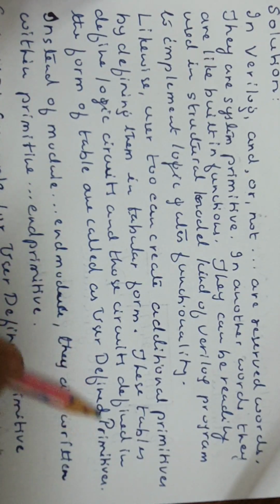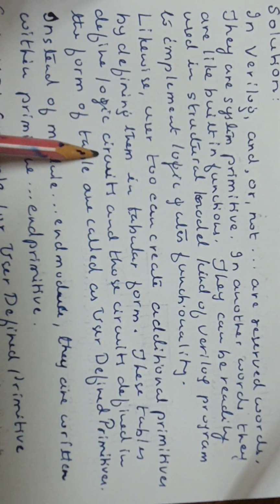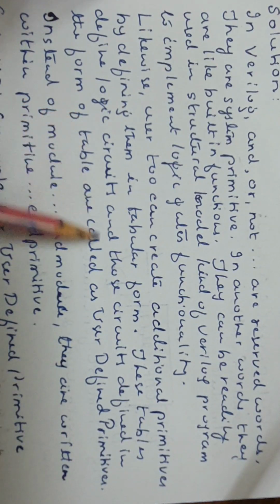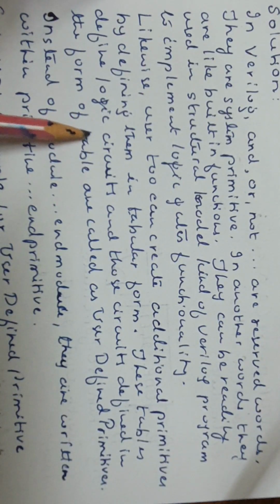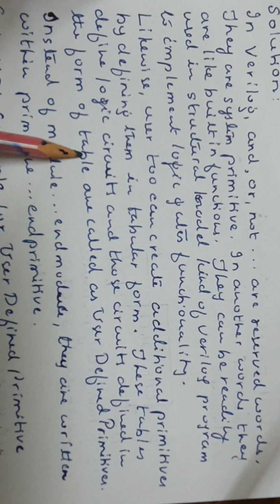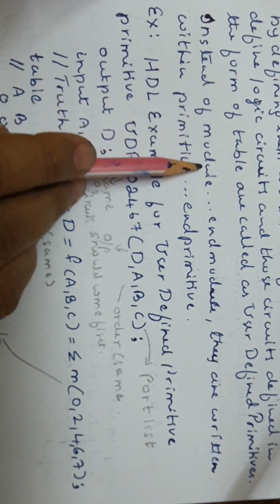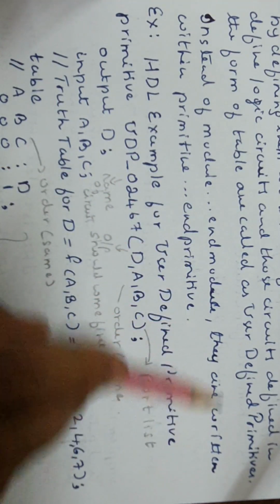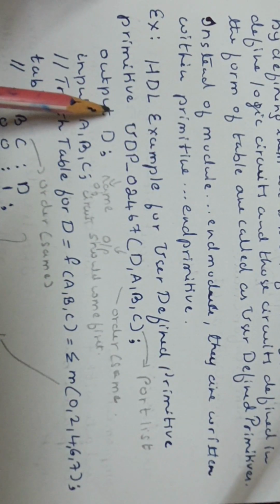Then finally, what are user defined primitives? User defined primitives are the logic circuits that a user defines within a table, in the form of a table. When we write a Verilog module or program, we use module and endmodule, and between them we write program instructions. But user defined primitives are written within primitive and endprimitive.